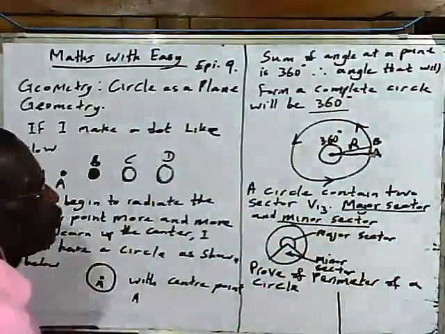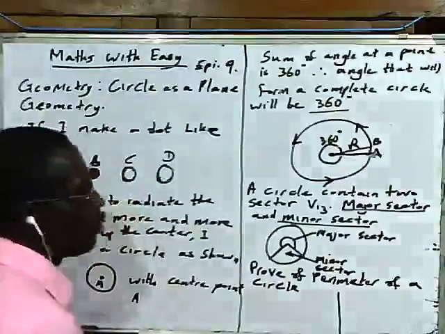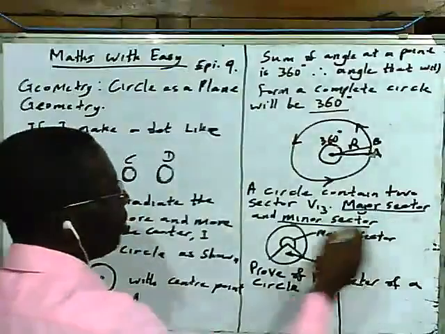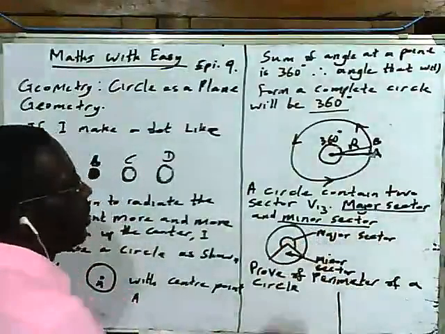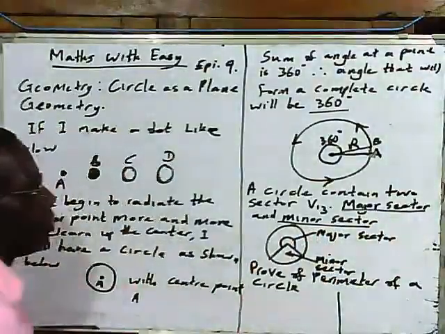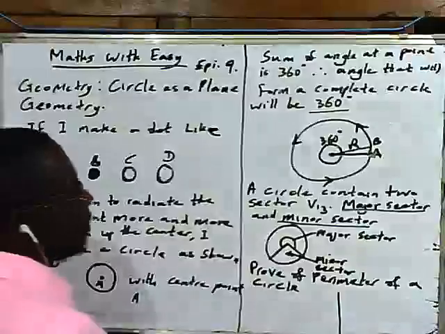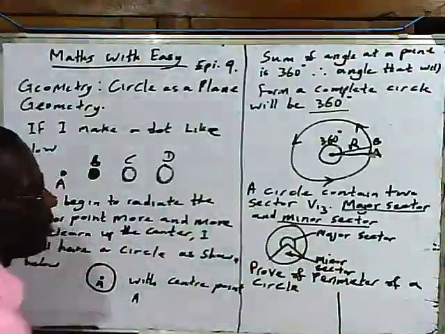Addition of the two will form a complete circle. The major sector plus the minor sector will give us a complete circle. So we can go on and on like that about this plane circle.